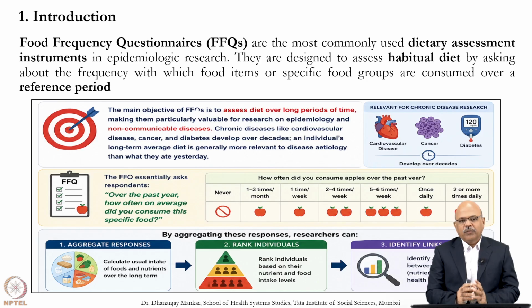So what are food frequency questionnaires, or FFQs? FFQs are the most commonly used dietary assessment instruments in epidemiological research. They are designed to assess the habitual diet by asking about the frequency with which food items or specific food groups are consumed over a specific period of time.